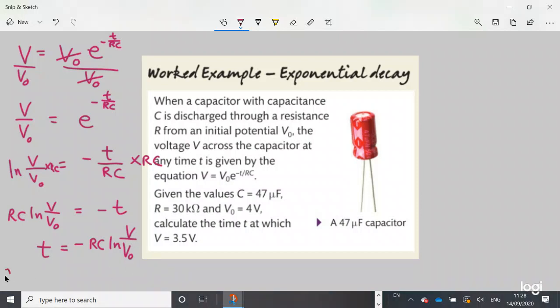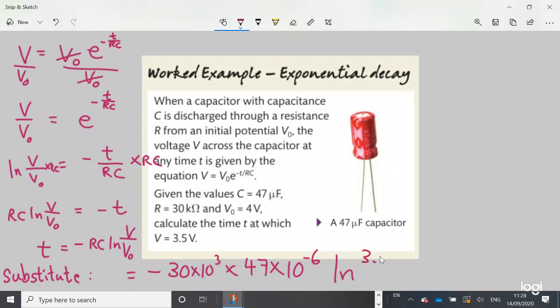So now we substitute. What we will have is minus 30k times capacitance 10 to the minus 6, and then ln of V, which is 3.5, over 4.